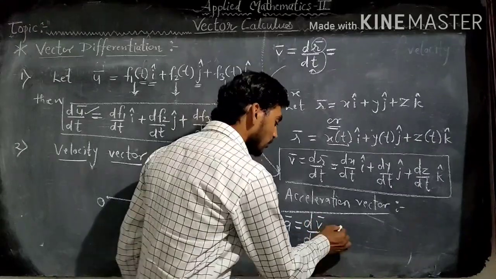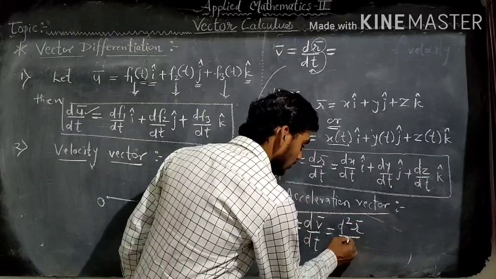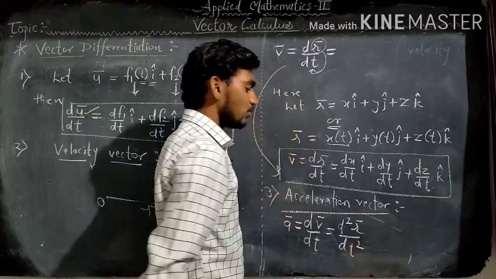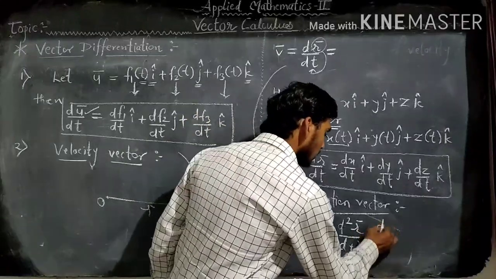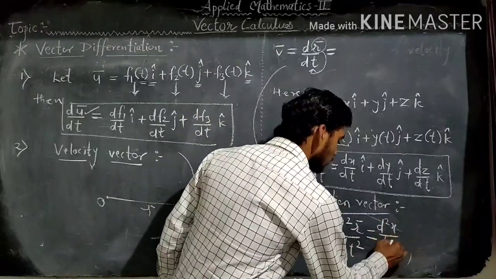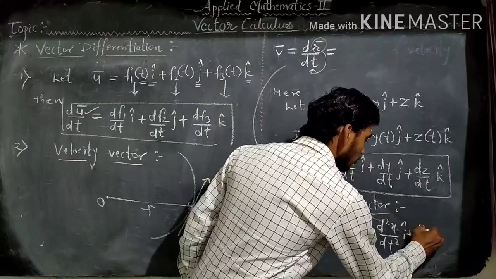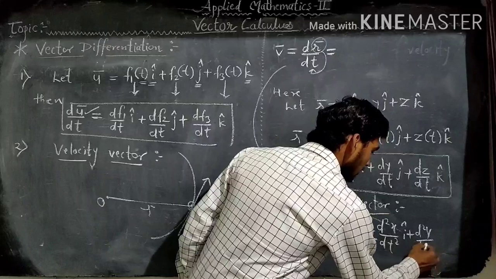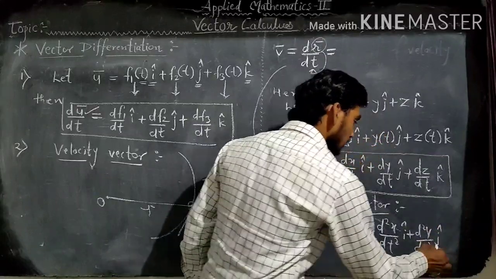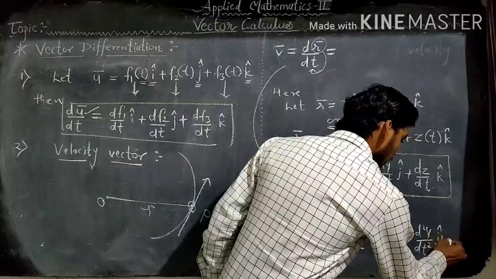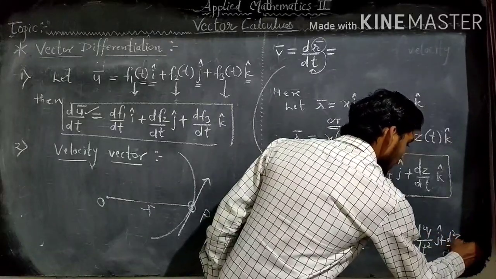Also it is equal to double derivative of r with respect to time, that is d2r by dt square. So it is equal to d2x by dt square i plus d2y by dt square j plus d2z by dt square k.